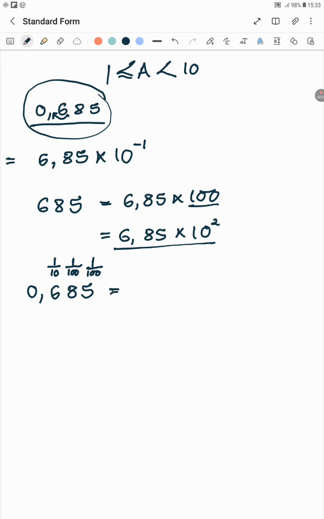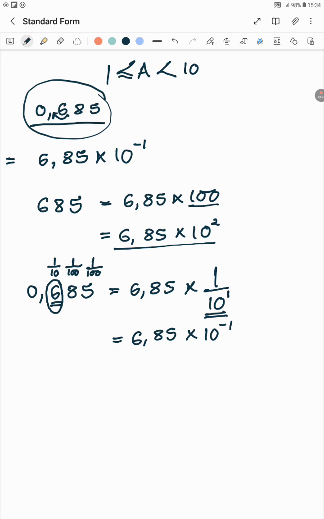So if we are going to say 6,885 here, it is the same as multiplying this by 1 over 10, which is the place value of the 6, which is called tenth. And this is to the power 1. And if you find the reciprocal of that number by taking this denominator to the top, you're going to have 6,85 times 10 to the power minus 1.